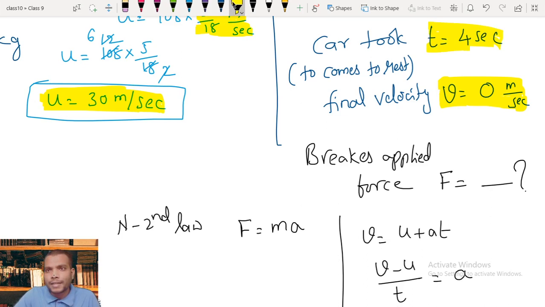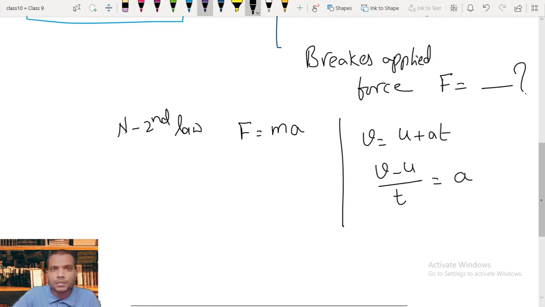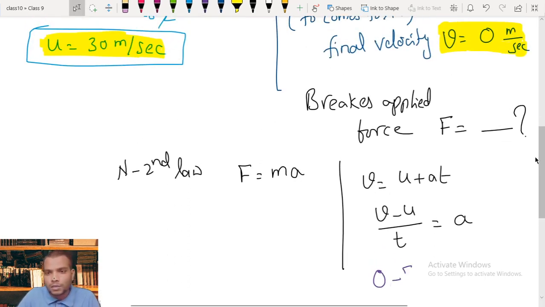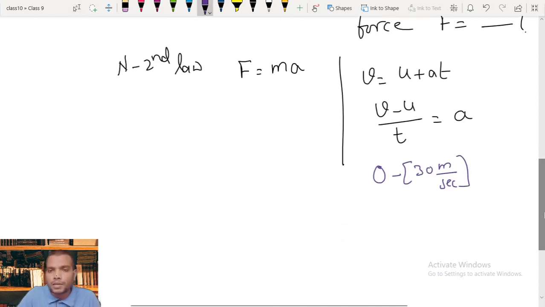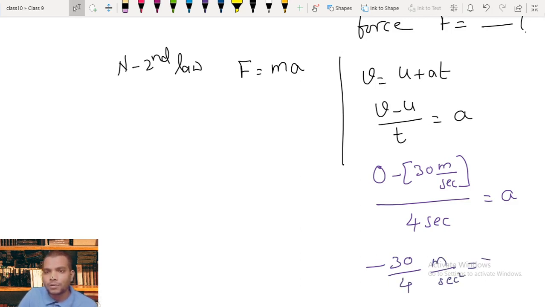So let us calculate the acceleration first. Final velocity here is 0 minus initial velocity 30 meter per second, upon time 4 seconds, equal to acceleration. So we get minus 30 upon 4 meter per second square as the acceleration.